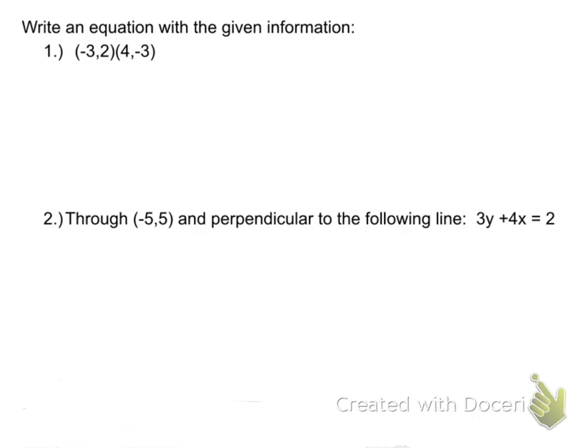So it does not matter which one's point 1 and which one's point 2. So I highly suggest that you go ahead and place, I'm going to use a different color here, above it, x1, y1, x2, y2. So we have point 1 and point 2 there.